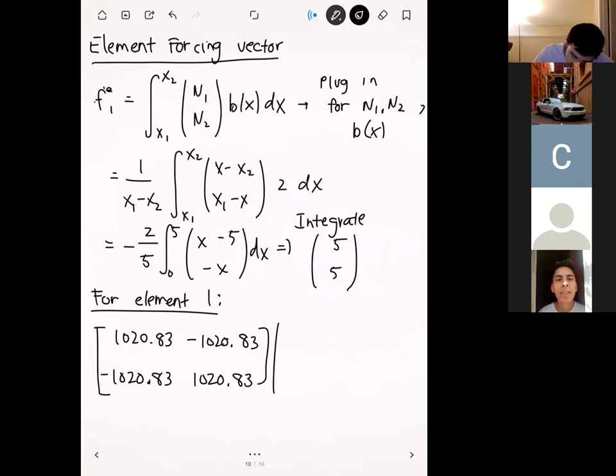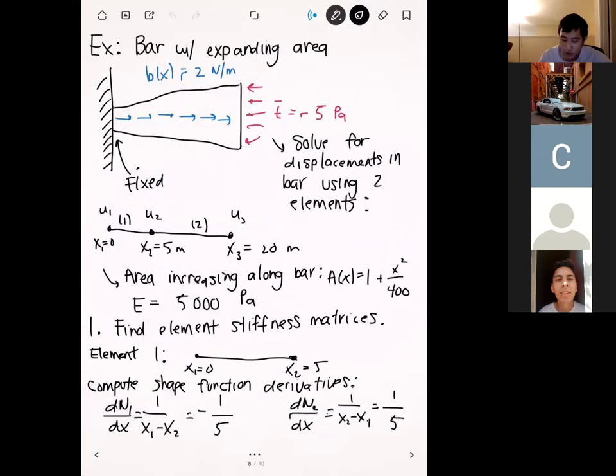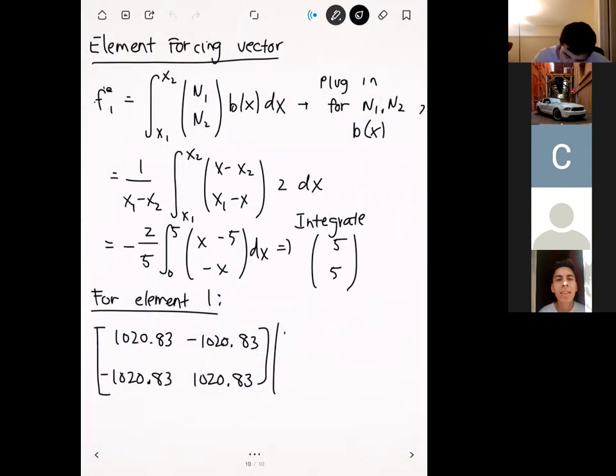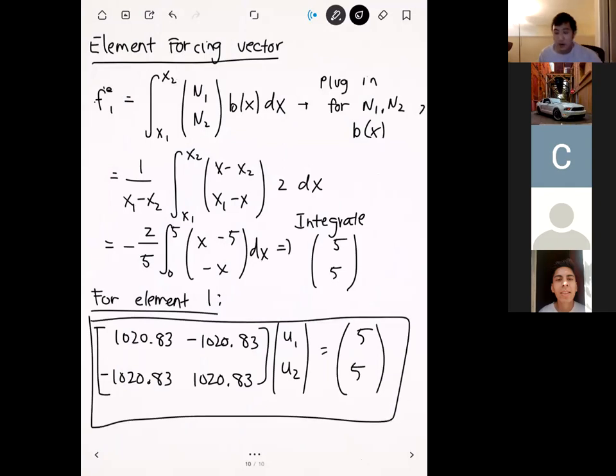Okay. We need to make note of which nodes it works on, just like in our truss problems. You can see that element 1 here works on U1 and U2. And so we're going to multiply this by U1, U2. And then we have our element forcing vector, just like that. Okay. And so this is the system for element 1, and we're going to take the system later on and assemble it into the global system. But for now, we're just going to leave it like this.